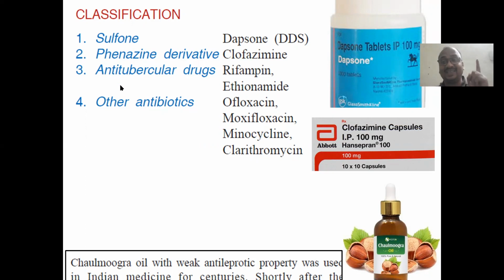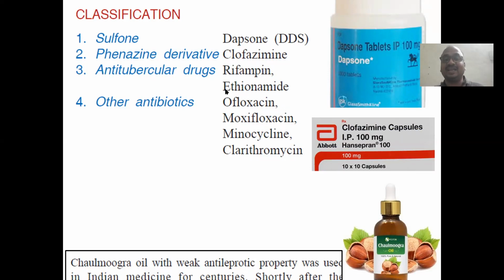And I have already told you about anti-tubercular drugs. These are the drugs used to treat tuberculosis, caused by Mycobacterium tuberculosis. This is Mycobacterium leprae. So the same tuberculosis drugs also can be used. In the examination, they will ask which of the following drugs are used for antimicrobial treatment of both diseases, tuberculosis and leprosy.